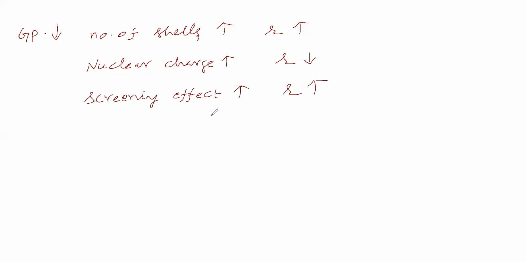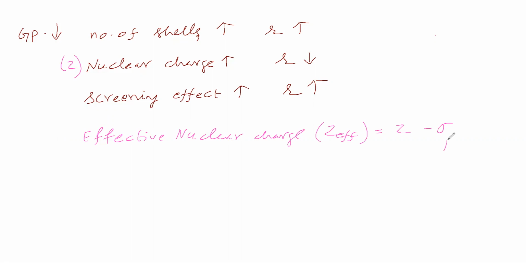Before seeing the experimental result, another factor we have to see. What is the other factor? The effective nuclear charge. The symbolic representation is like this. It is equal to the nuclear charge minus the screening constant.